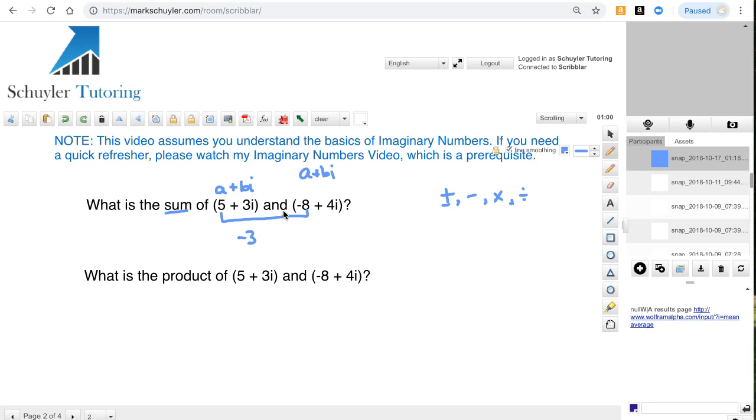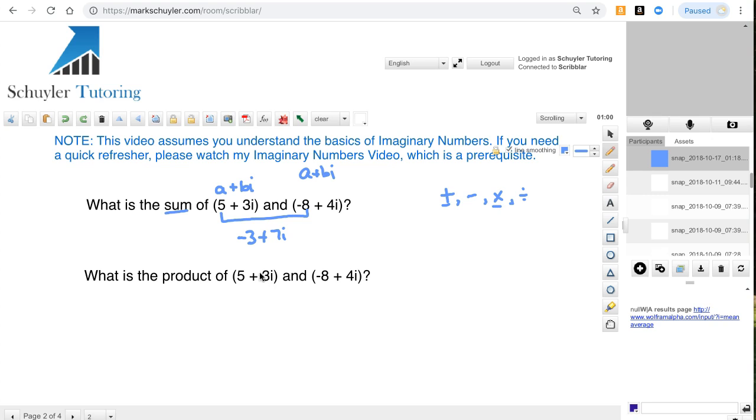That's the a. And then we want to come up with the bi. So we're going to sum the 3i and the 4i. That sums to 7i, where i is acting like just any other variable, x or y. You just combine like terms. Pretty simple, huh?